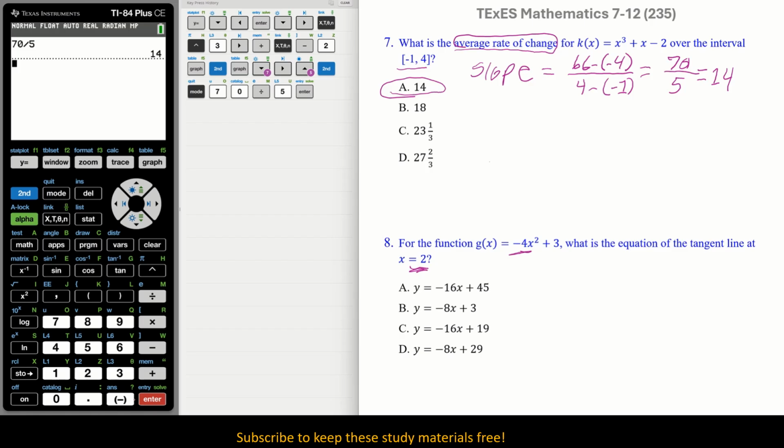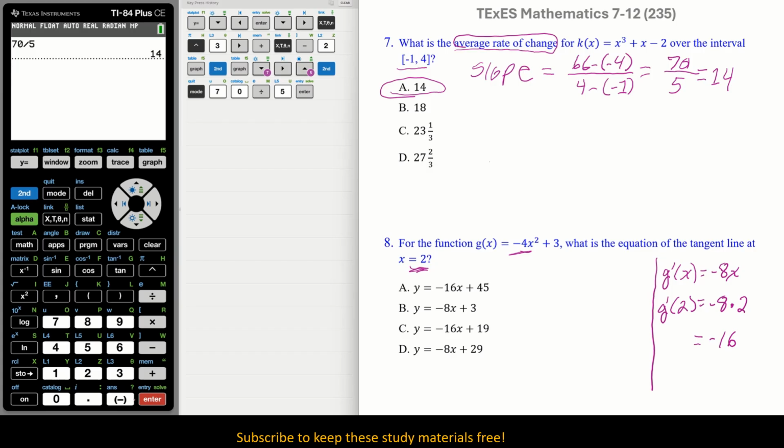And then we use the values of y just simply by putting the equation in and reading the table, okay? All right, so we have g prime of x equals negative 8x. Well, g prime at 2, obviously, minus 8 times 2 equals negative 16. So that's our m value, okay?